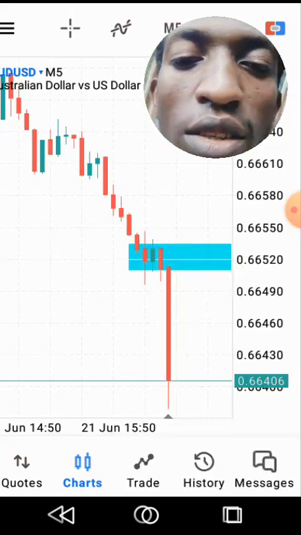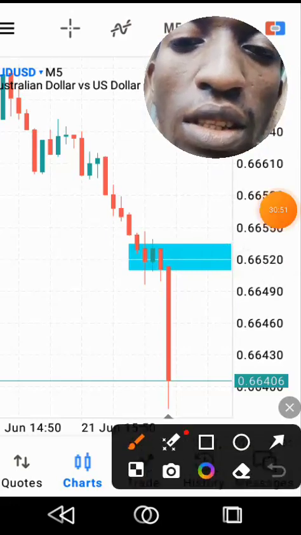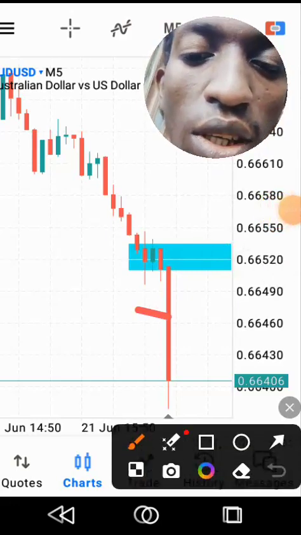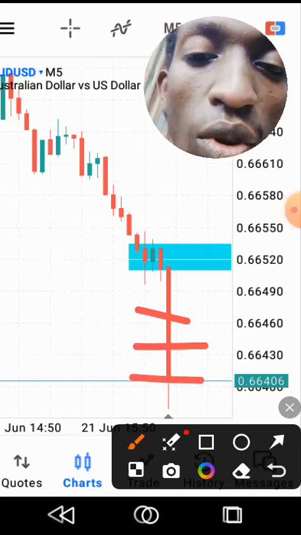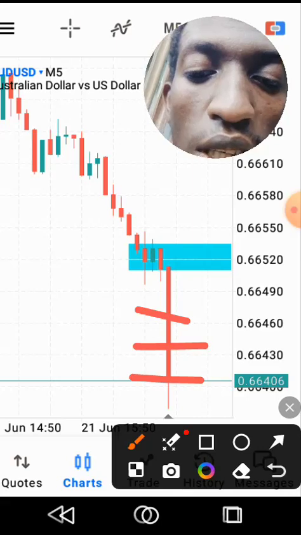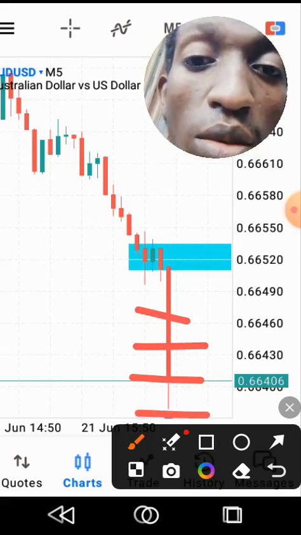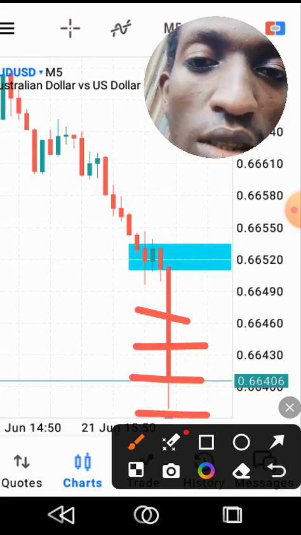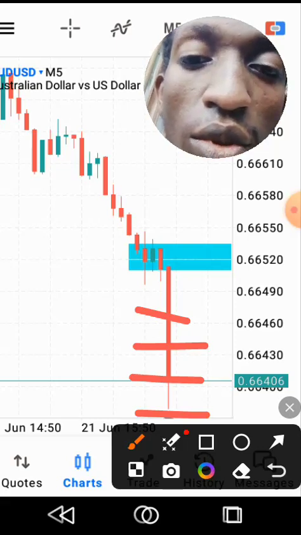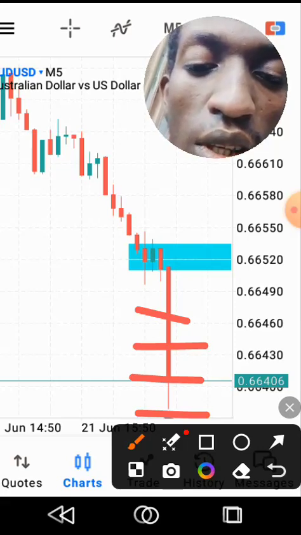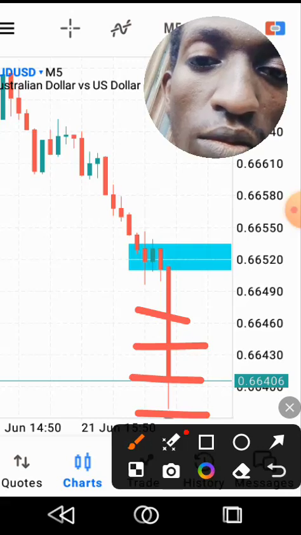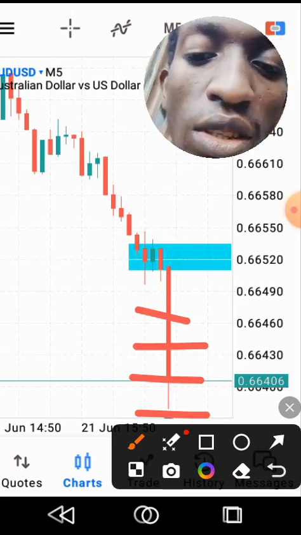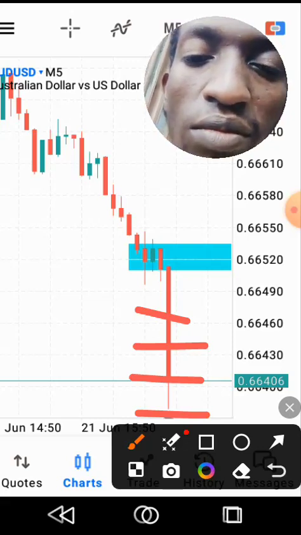Okay, so taking partials at key levels means at TP2, at TP3, at TP4, and then you take partials again. After TP4, you don't have key levels. You can add them yourself on TradingView, but after TP4, it is better to trail your stop.